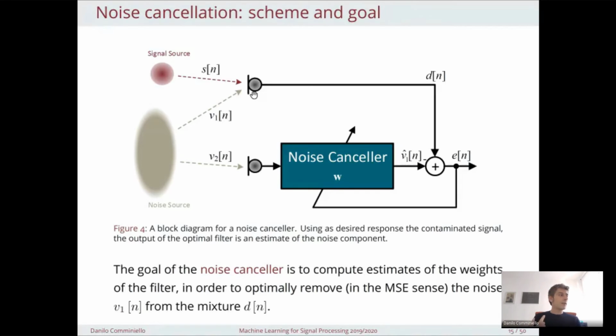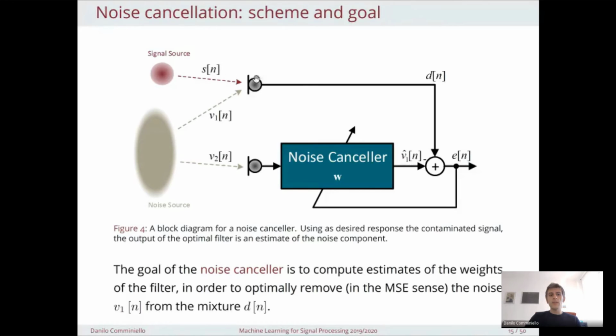You have some kind of microphone close to the mouth of the pilot, and the pilot is speaking. So the speech signal of the pilot can be represented by the signal S.